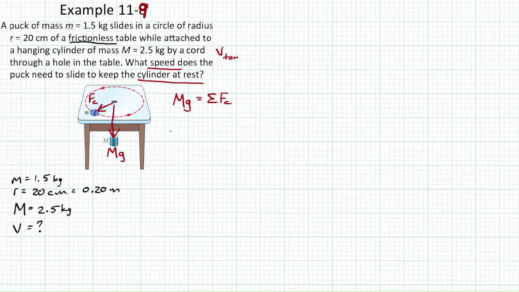We know capital M, and we know what g is, so that would be 2.5 kilograms times 9.81 meters per second squared. And so the centripetal force that must exist in this puck spinning around is going to be 24.5 newtons.